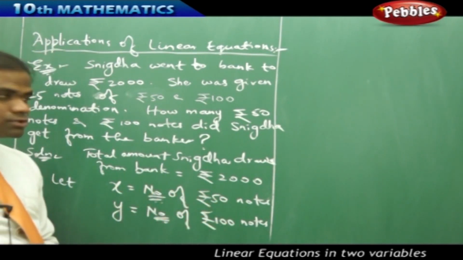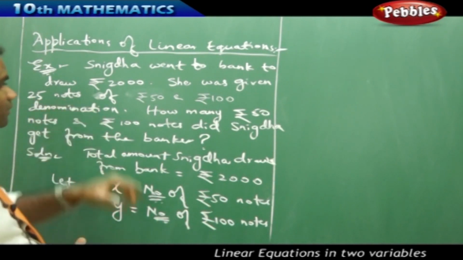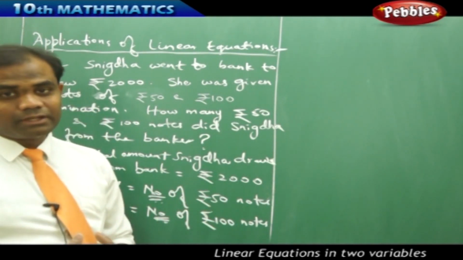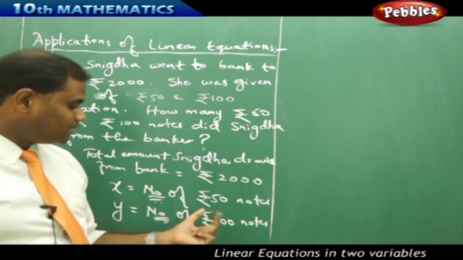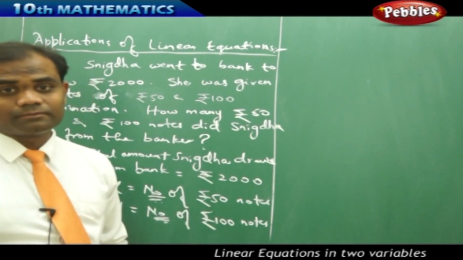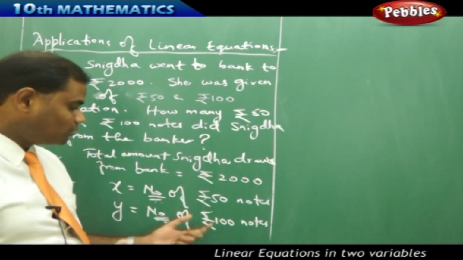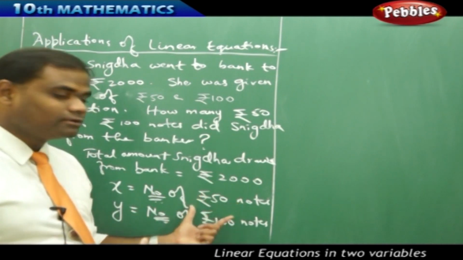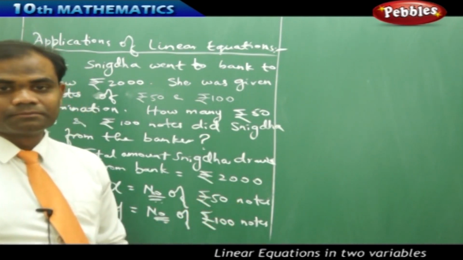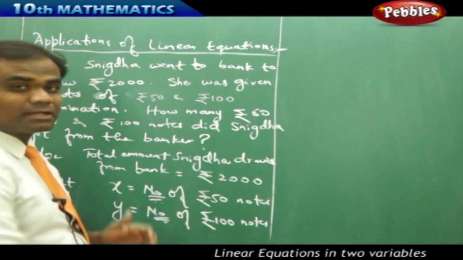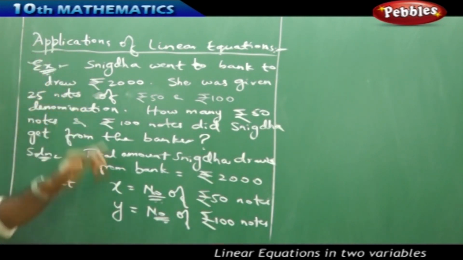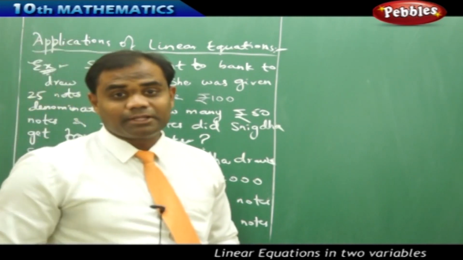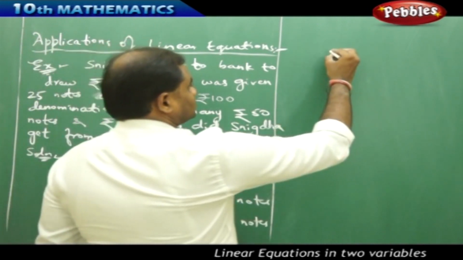Now clearly, the number of 50 rupee notes is x and the number of 100 rupee notes is y. So totally Snigdha is getting 25 notes from the banker, which makes me understand that x plus y is equal to 25, because the only notes she is getting are 50 denomination and 100 denomination. Therefore, the sum of these must be equal to 25, the total number of notes she is receiving from the banker.